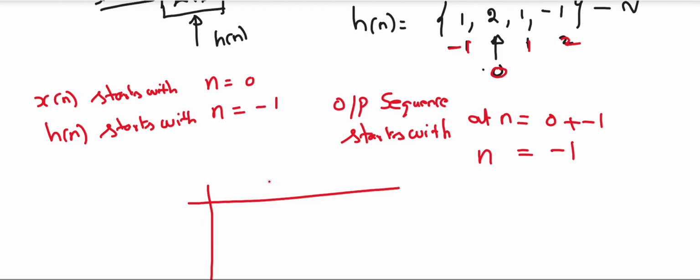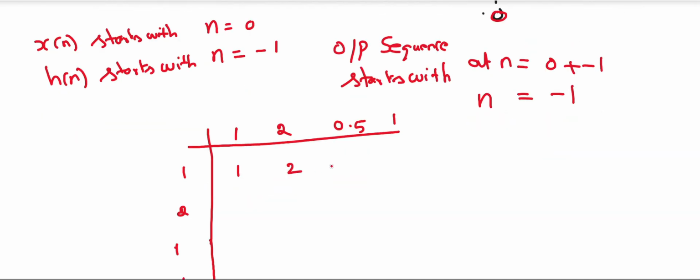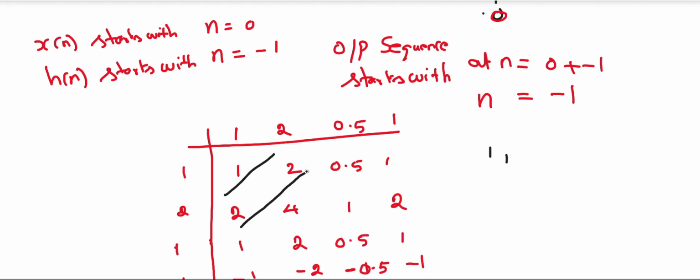If you perform this using the matrix method, for the given sequence 1, 2, 0.5, 1 and the impulse sequence h of n 1, 2, 1, minus 1, you multiply and add.